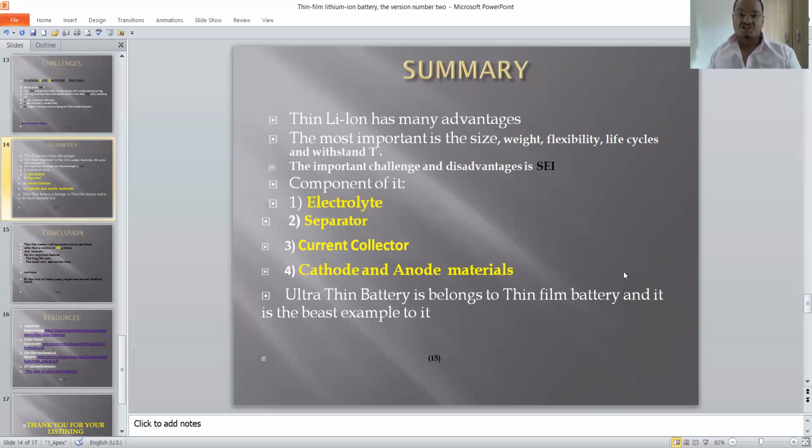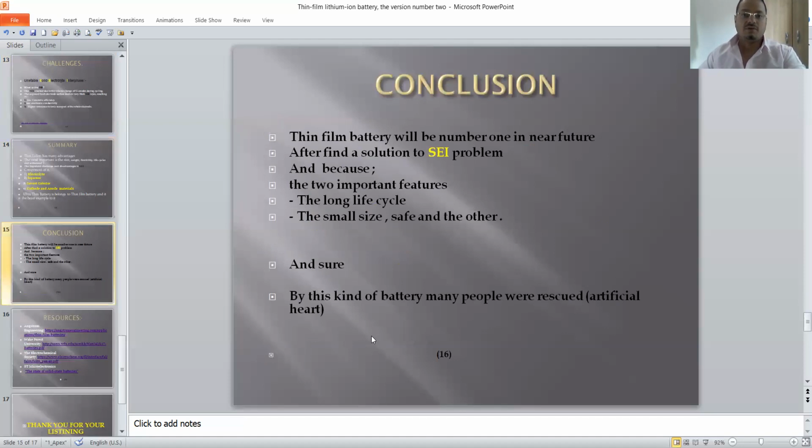The important challenge and disadvantage is SEI. We can't ignore it. Components of the important elements here: electrolyte, separator, current collector, cathode and anode materials. After that, I selected the ultra-thin battery to be the clear example. And it belongs to thin film batteries, sure, and it is the best example of it, like I said before.